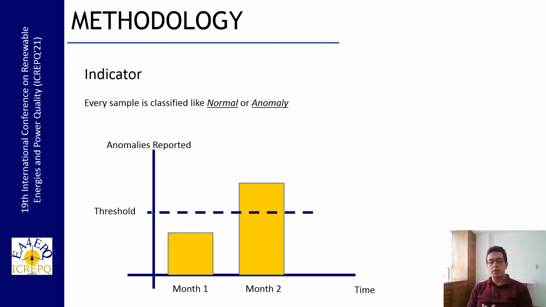And we established a threshold, which means that every month below the threshold is classified as healthy or normal behavior, and the months in which the number of anomalies reported is bigger than the threshold represent an alarm to be reported.